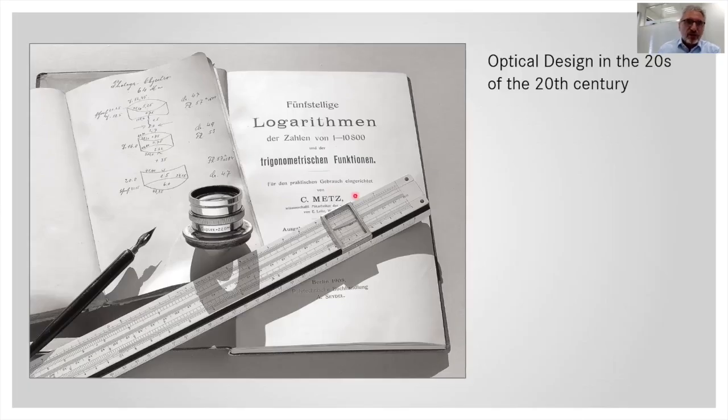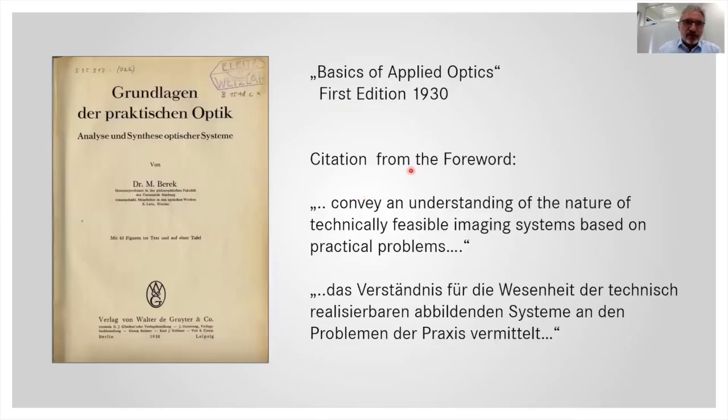And I also want to highlight that Max Berek, at that time in 1930, published a book, Basic of Applied Optics. The first edition was done in 1930, as I explained already, and in his foreword he said, you want to convey an understanding of the nature of technically feasible image systems based on practical problems.